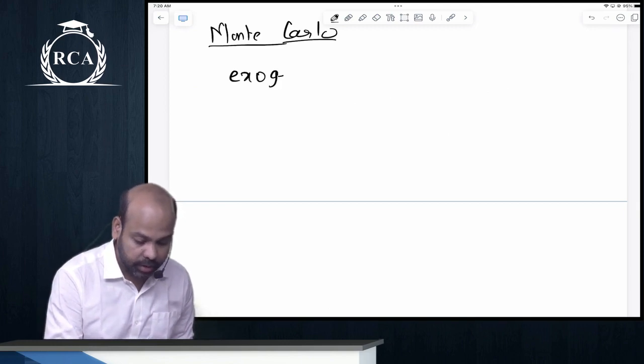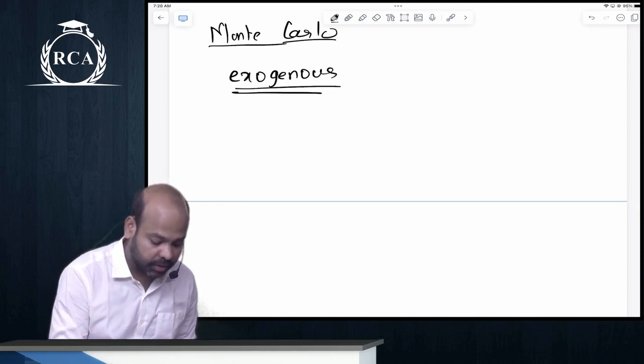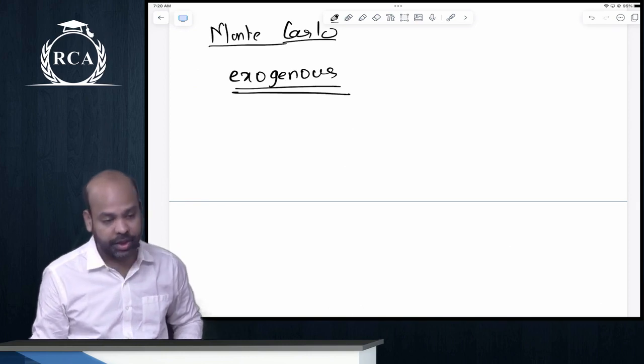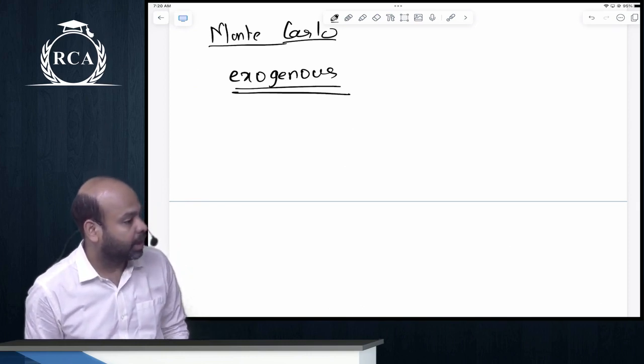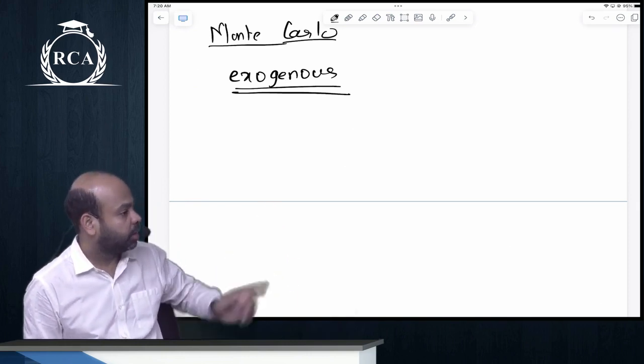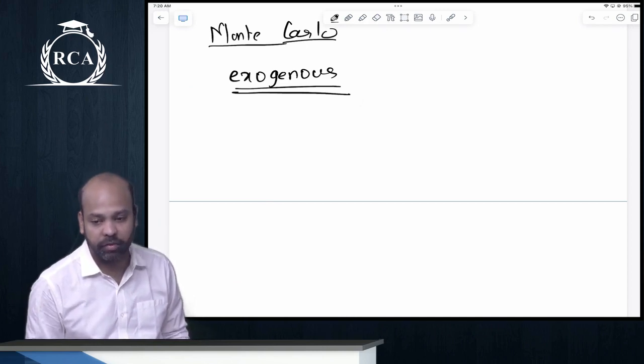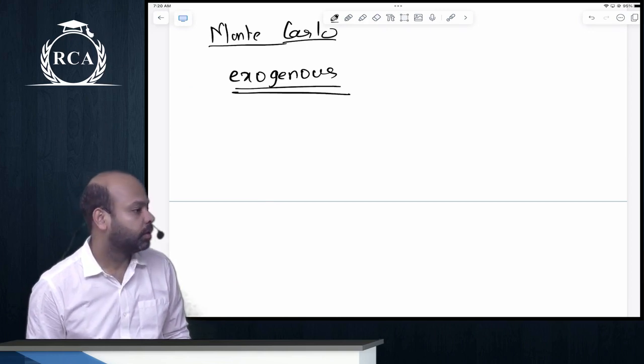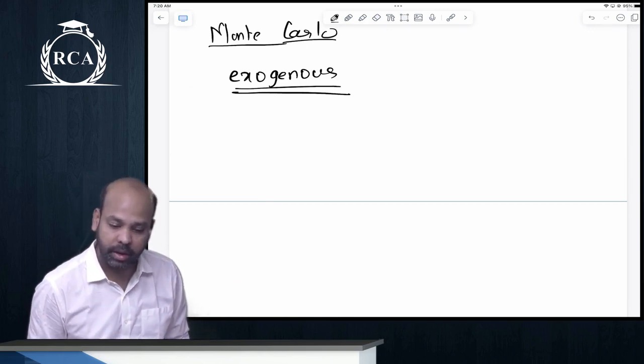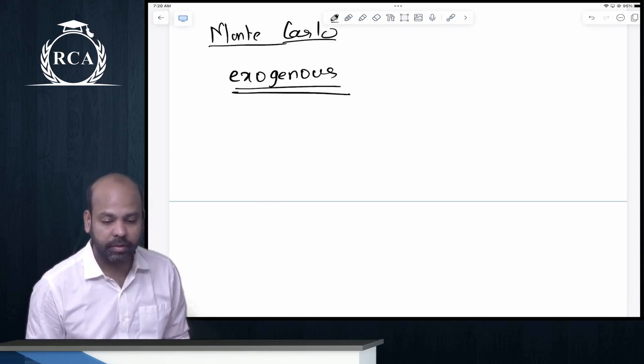They use this word, exogenous, which means these are the variables that change.